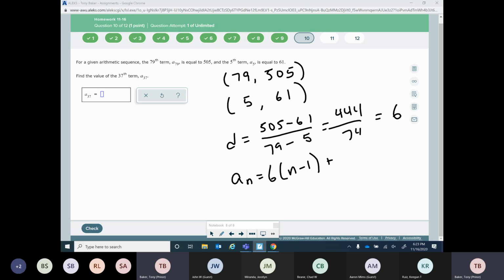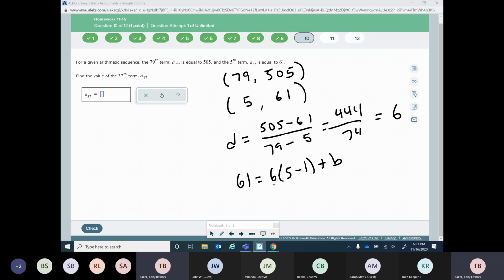But we can figure that part out. So if I know my 5th term is 61, and I know it's going up by 6 every time, so I'm going back. So if my 5th term is 61, so I have 61 equals 6 times 5 minus 1 plus b.